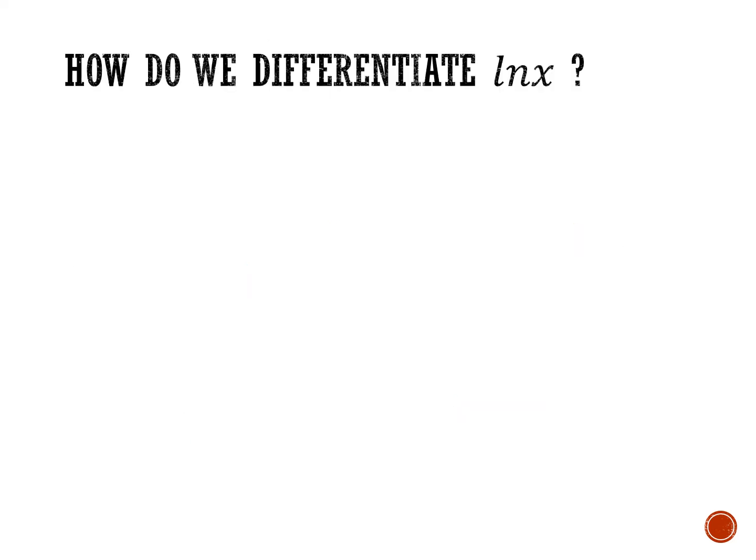So what about logs then? We need to be able to differentiate ln x. Okay, and we don't know how to do it at the moment, so let's make use of some things that we do know. If y is equal to ln x, we know from the work that we've done on logs, the equivalent exponential form of that is x equals e to the power y.